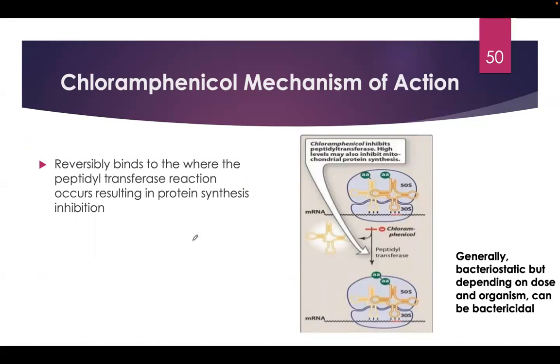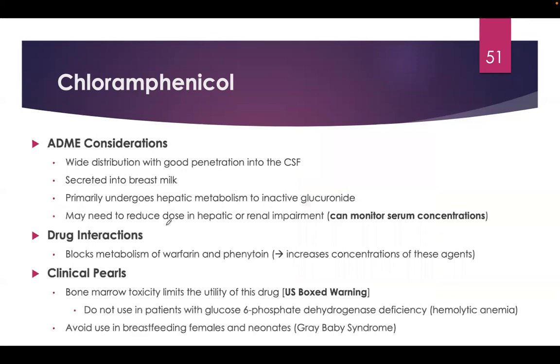It's going to bind to where the peptidyl transferase reaction occurs. And again, you see the 50S subunit, that's initially what we're interacting with. The end game is a bacteriostatic action on the bacterial cell. When you look at chloramphenicol, yes, it has good distribution, a large volume of distribution.